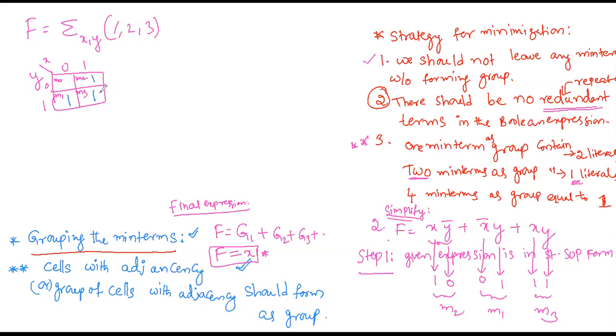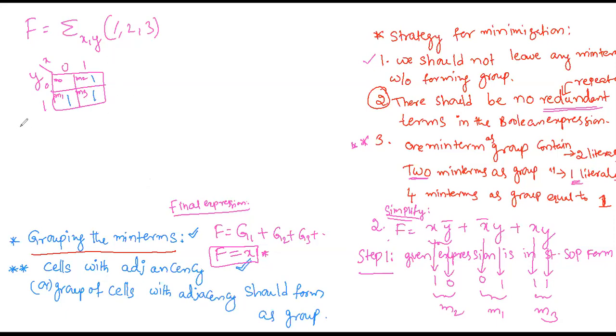Now forming the group. In forming the group, what do you need to do? You need to group cells with adjacency. So we have M1, M2, M3. You need to check to form the group.